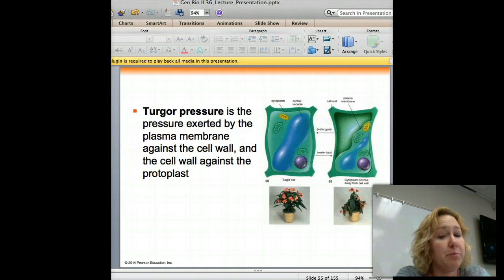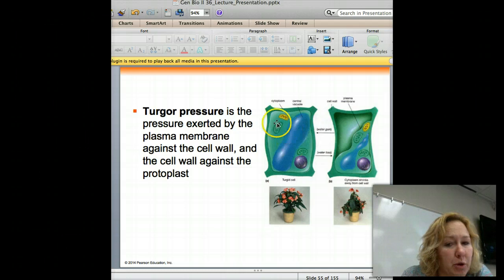Turgor pressure is the pressure exerted by the plasma membrane against the cell wall. So when we talk about the protoplast, we're going to talk about this outside part, and this is going to be your plasma membrane. So you're going to push against this and you're going to get a turgid cell.